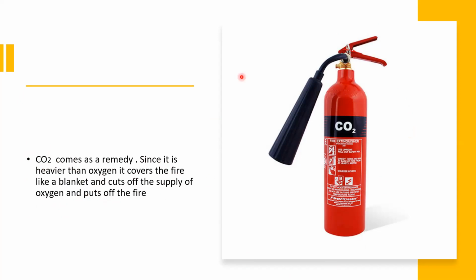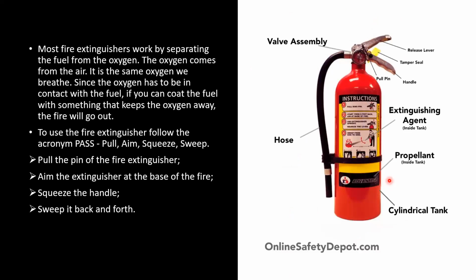You must have observed this while going to the malls, to your school laboratories, and at other workplaces also. So in our next slide, let's have a closer look at the fire extinguisher and its parts. This is the hose pipe from where the carbon dioxide gas is expelled out.